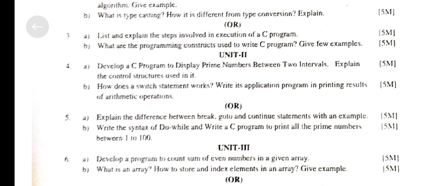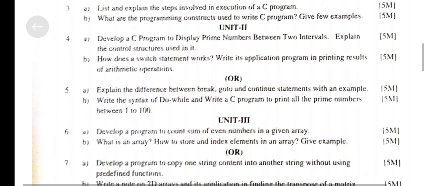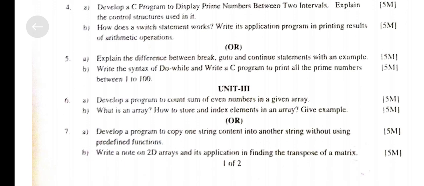Write its application program in printing results of arithmetic operations. 5A, explain the difference between break, goto and continue statements with an example. Write the syntax of do while and write a C program to print all prime numbers between 1 to 100.